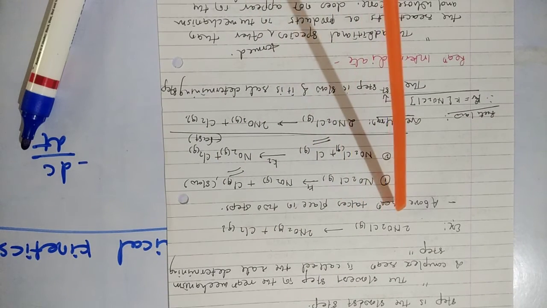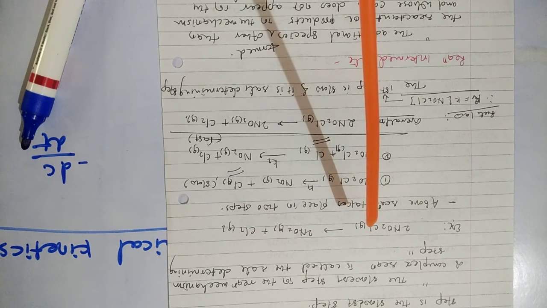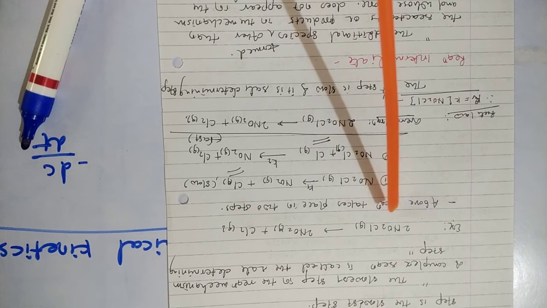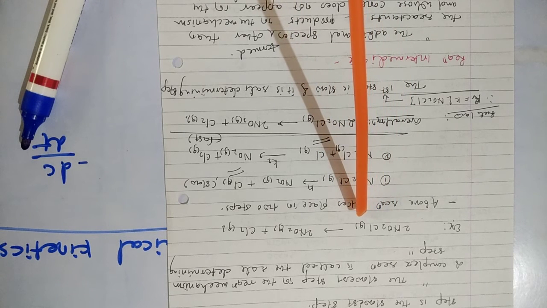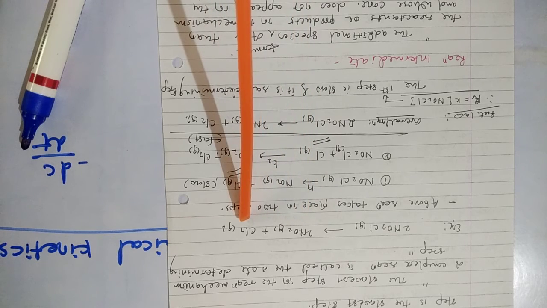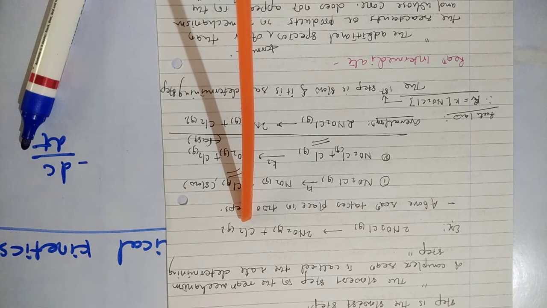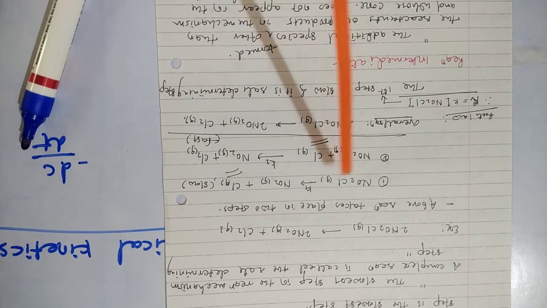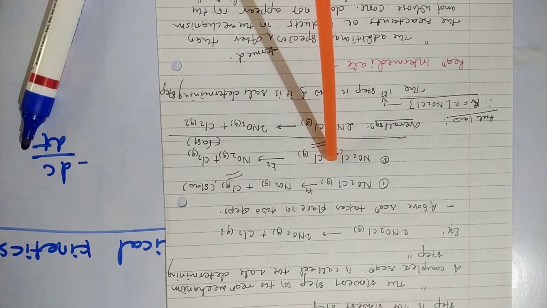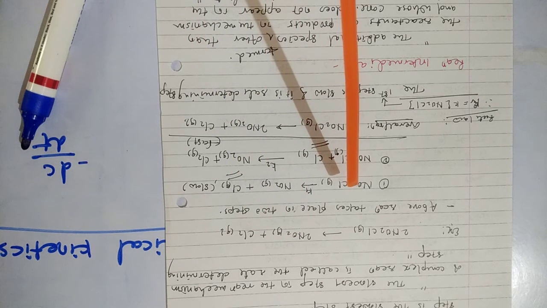Here an example is given of a reaction which occurs in 2 steps. It needs 2 steps for its completion. Now 2NO2Cl, twice NO2Cl, decomposes to give 2NO2 plus Cl2. These are the products. But this is not a single step reaction. It takes 2 steps for its completion to get these products. What are these steps?